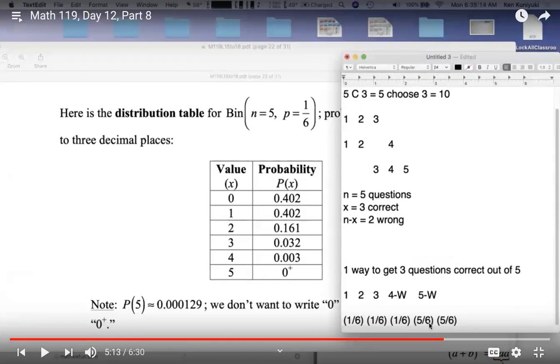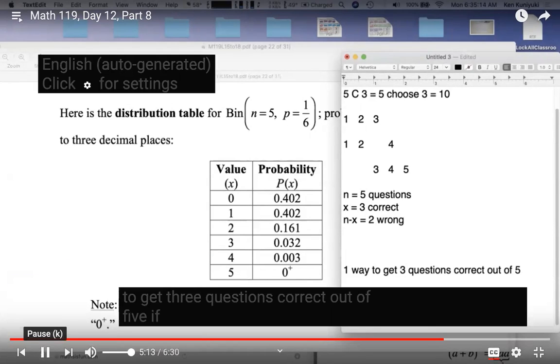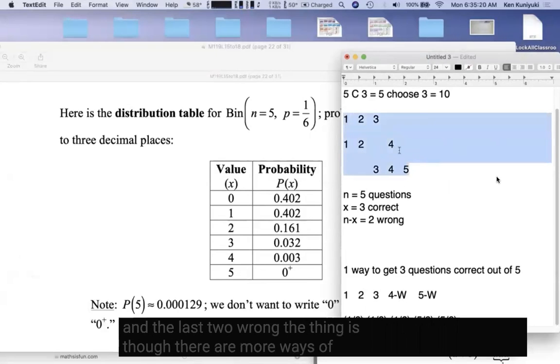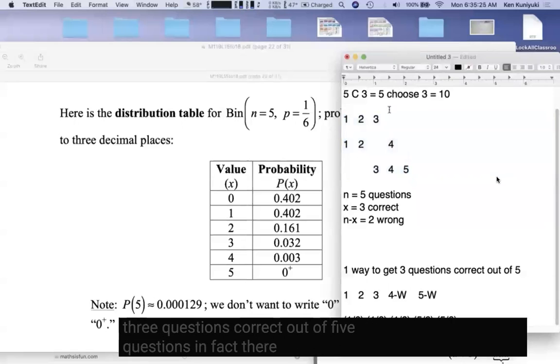So again, these probabilities multiply together. Okay. Correct, correct, correct, wrong, wrong. If you get the first 3 correct and the last 2 wrong. The thing is, though, there are more ways of getting 3 questions correct out of 5 questions. In fact, there are 10 ways, 5 choose 3 or 10 ways, which means that this is the probability of getting question 1 correct, question 2 correct, question 3 correct, and question 4 wrong, and question 5 wrong.